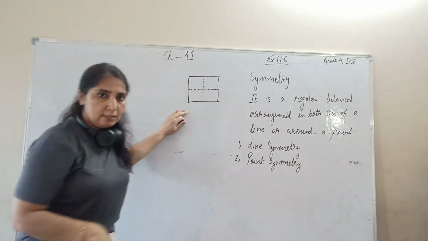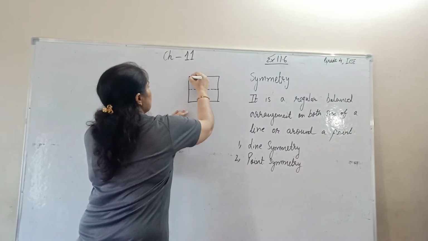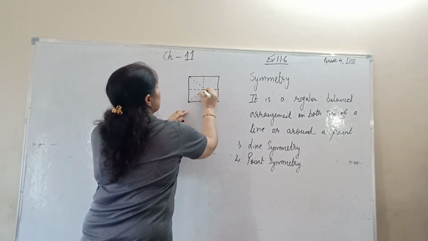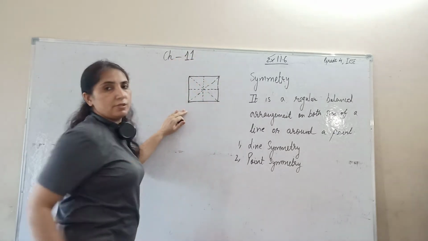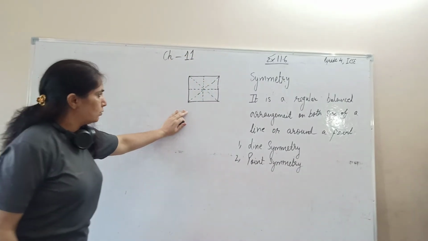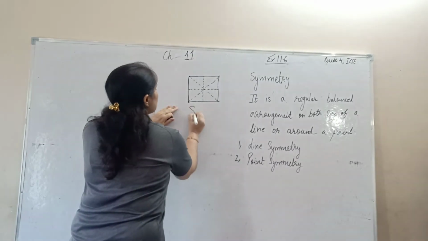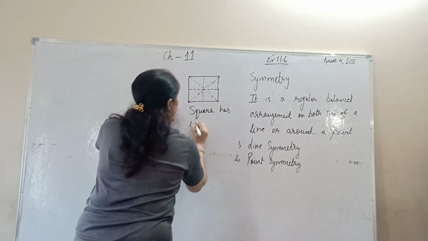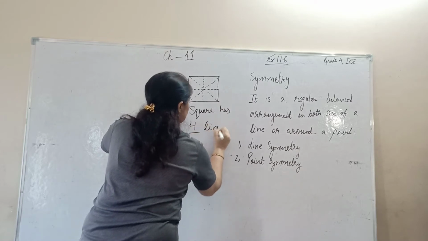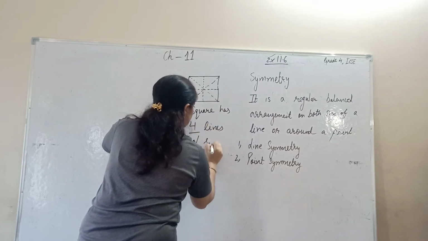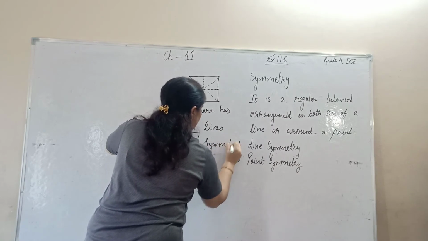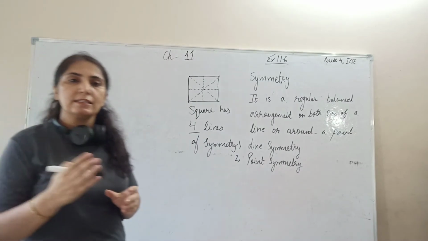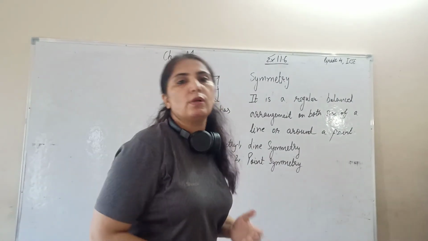I folded it, this is third option. And this is fourth option. So we can conclude that a square has 4 lines of symmetry. We have 4 ways to cut it into equal parts.